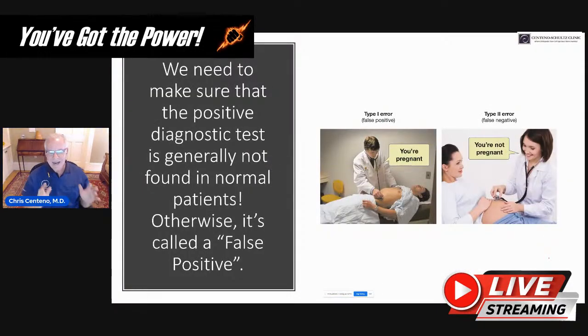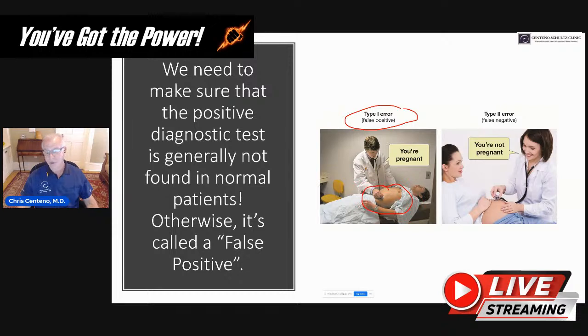So in any test, we need to make sure that we understand the false positive rate, meaning how many patients have that positive test who are totally normal. Now, this is a funny way to look at false positive and false negative rates. A false positive would be this doctor saying you're pregnant.